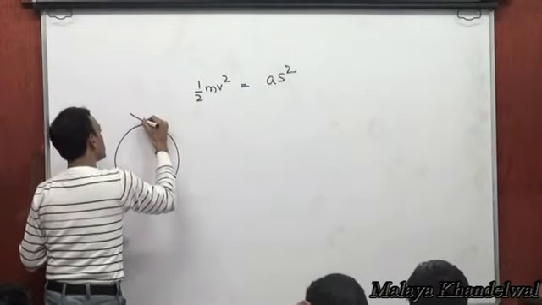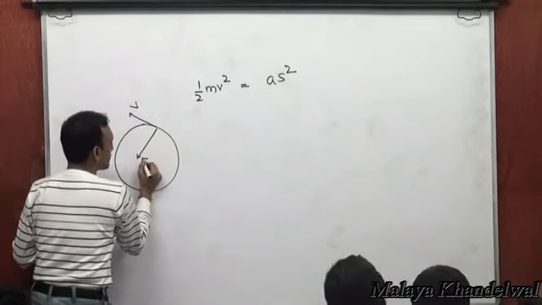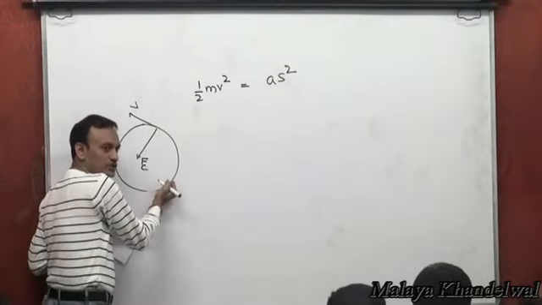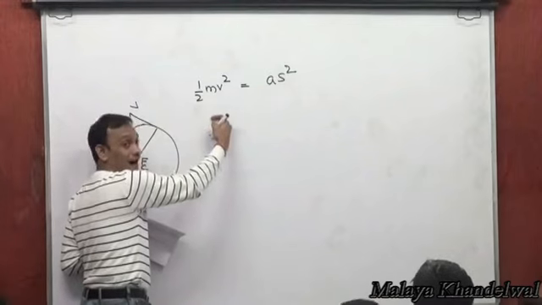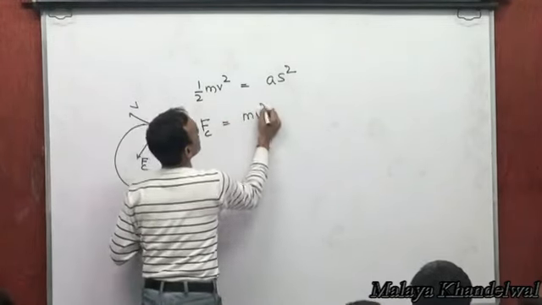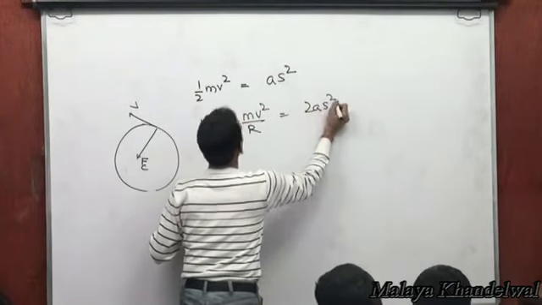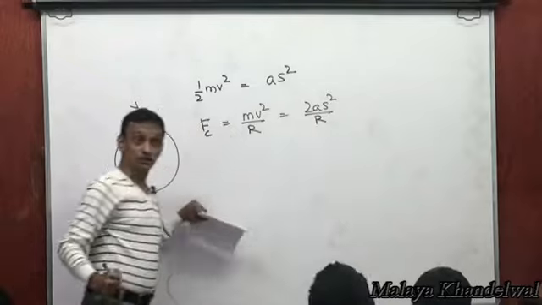At any given instant of time, if v is the velocity, then there would be a centripetal force requirement, which would be mv squared by r, which is like 2a s squared by r, right?